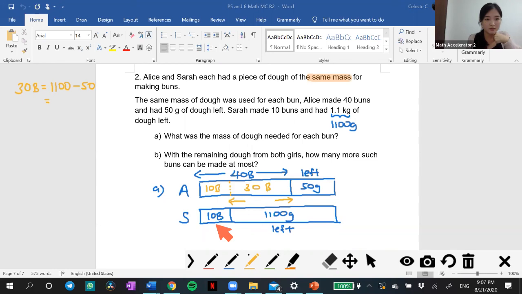What would that be? 1050. So from this, you can find 1 bun. So you divide by 30. What do you get? 35. So the mass of dough needed for each bun will be 35 grams.